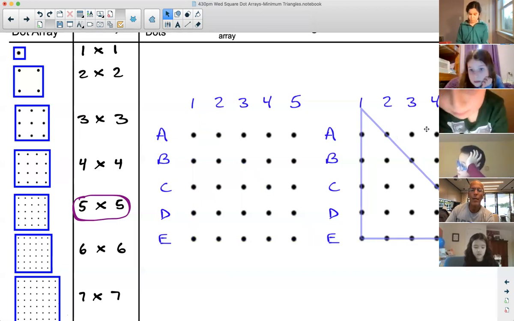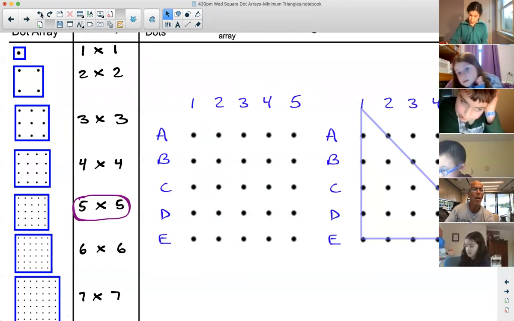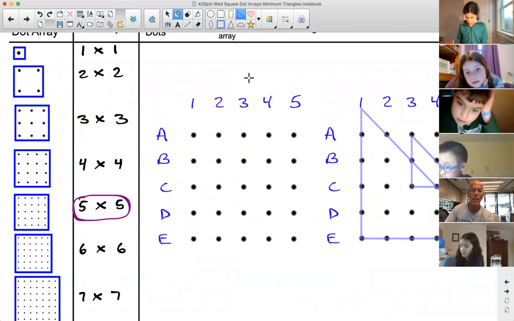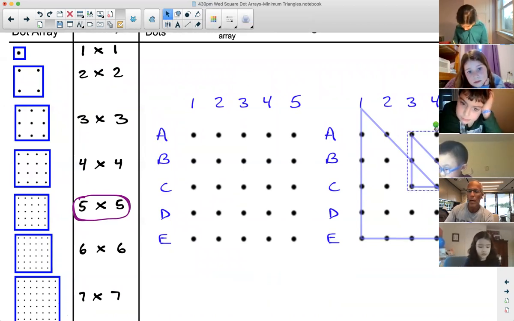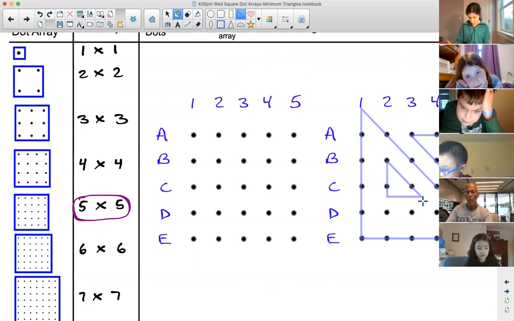So from A3, I get it. Hold on, I'm gonna have to spin it around for you, buddy. There we go. Yeah, and then you make a triangle from B2 to D4 to D2 and back to B2.